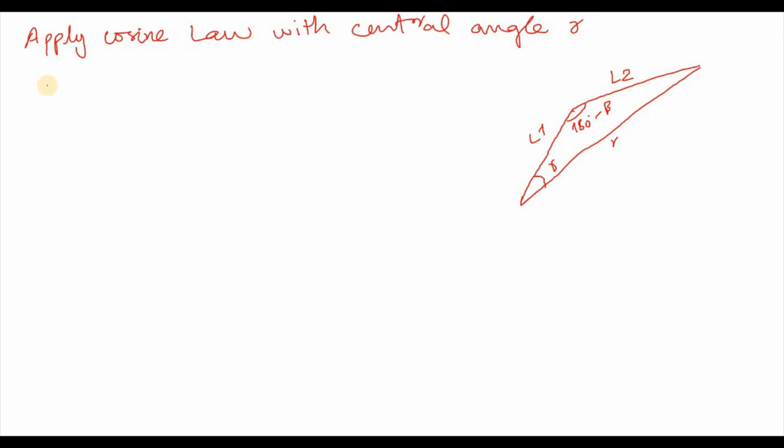So again the cosine law says that a square plus b square minus 2ab cosine of theta is equal to c square.